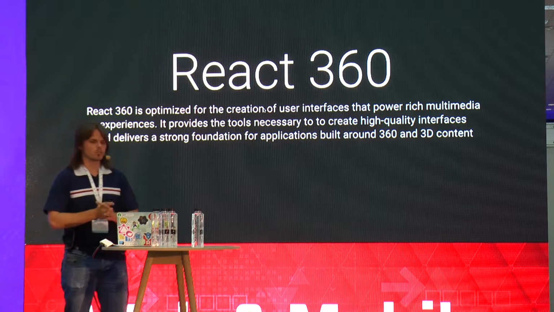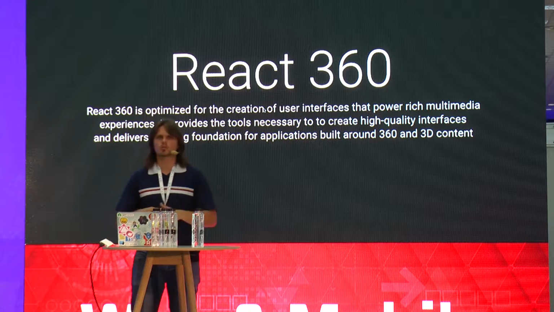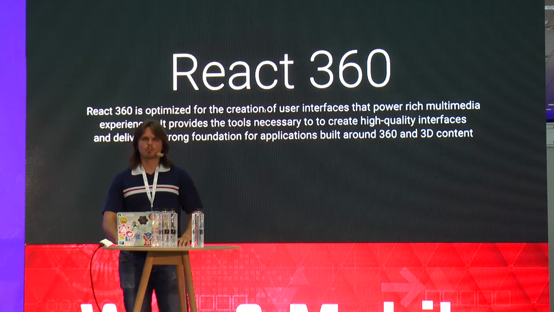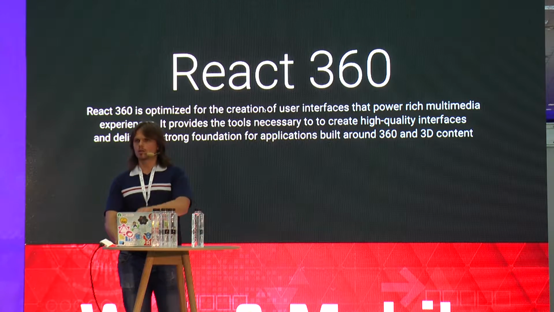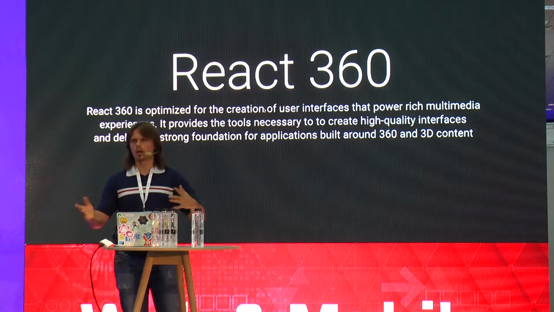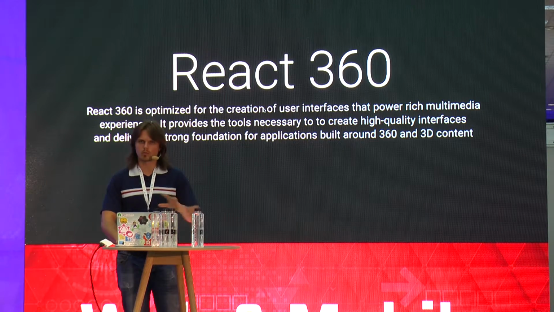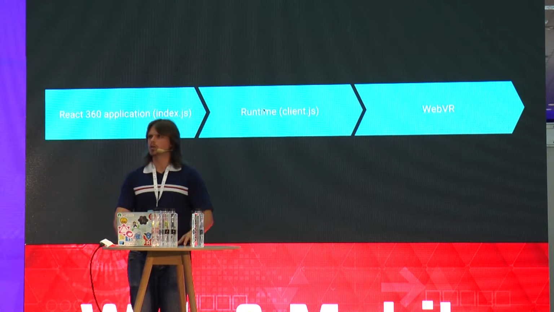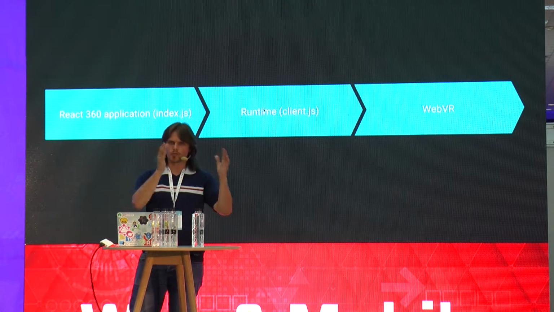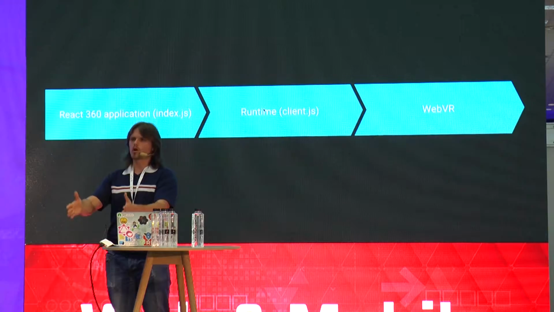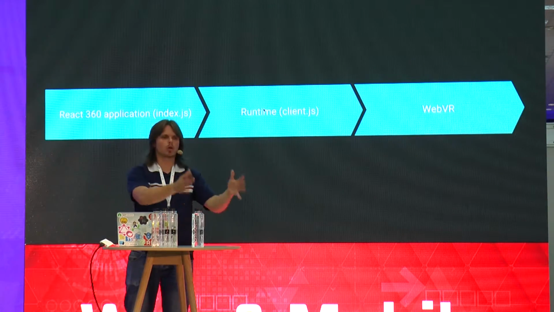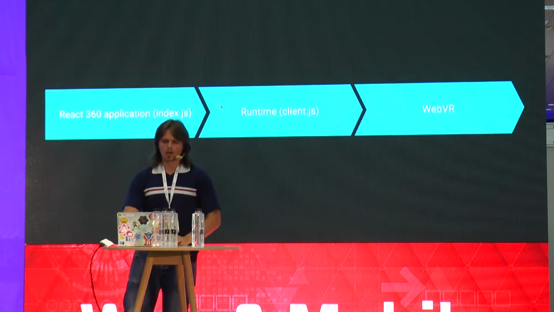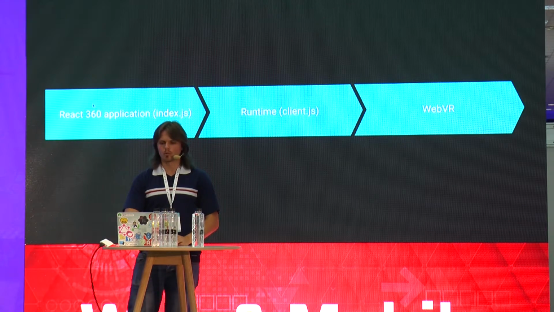The second solution is React 360, which was previously called React VR. People might think React VR or React 360 and A-frame are kind of competitors, but they are not really, and we will see in the end why they're not. So React 360 is based on the React Native idea. When we have a React 360 application, we have a runtime, which is a bridge between our React application and WebVR content.